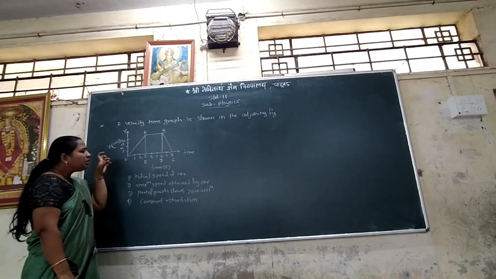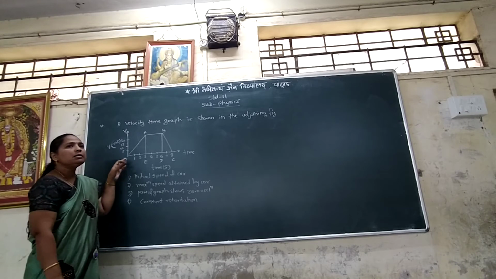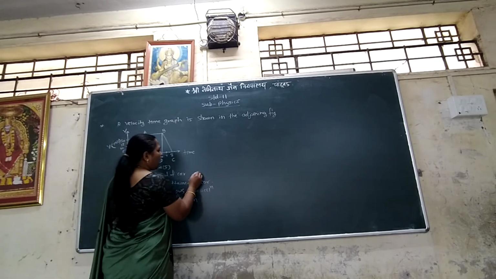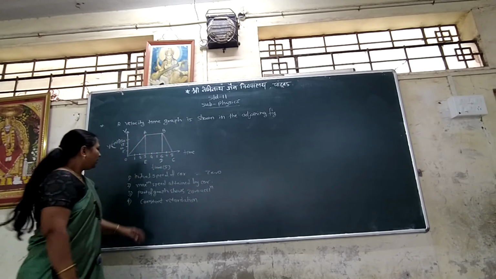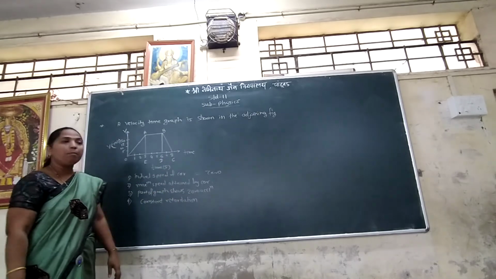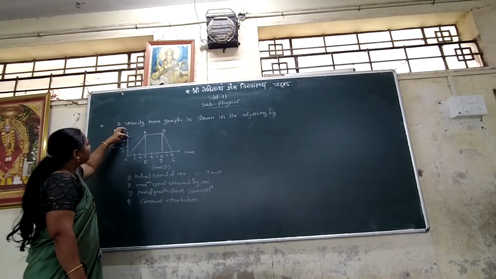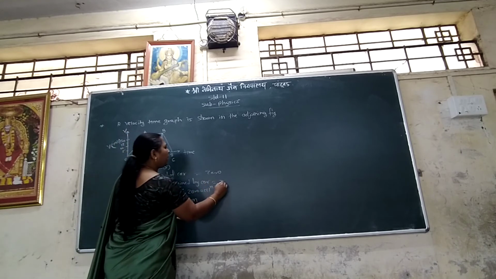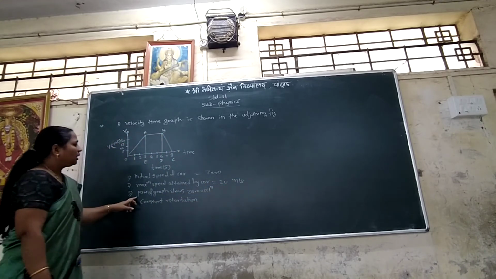When the car is initially kept at point O, taken as origin, its speed is 0. Second, the maximum speed attained by the car is 20 meter per second.